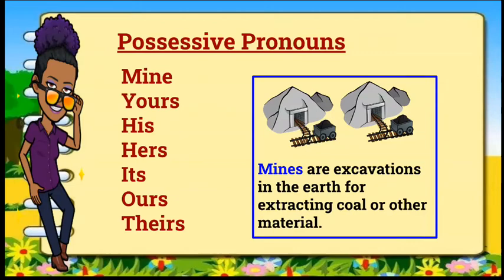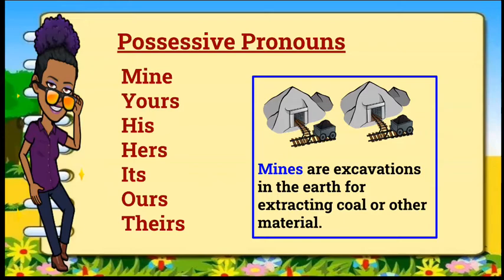Let's look at the pattern of the possessive pronouns. Realize most of the pronouns end with S except mine. Mine is just M-I-N-E. Yours, you have S. His, hers, its, ours, and theirs. Now if we say mines, we are talking about excavations in the earth for extracting coal or other material.